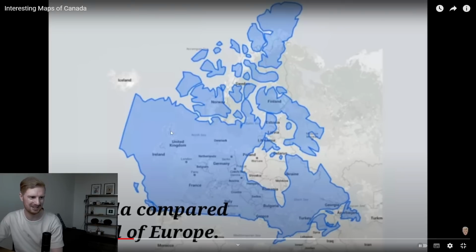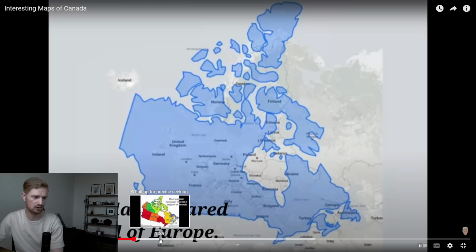I mean, you can see Scotland in here. Scotland is nothing compared to the full size of Canada. But yeah, the width goes right from Azerbaijan across to well past the UK as well, from north to south as well. Huge country.